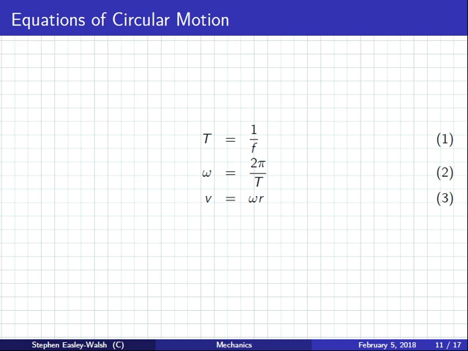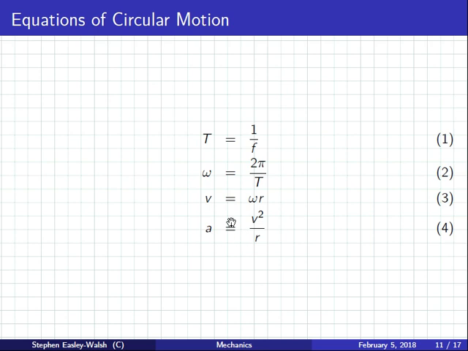They're different things. Number 4. Now, the acceleration equals v squared over r. That's number 4. Now, before I continue, I want to do a small proof of this.